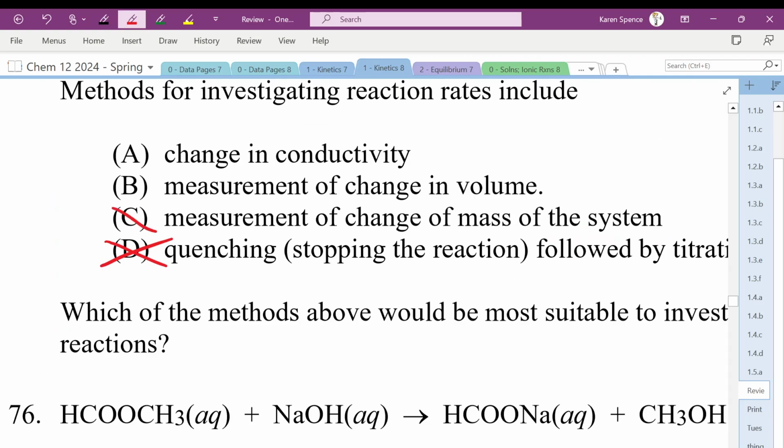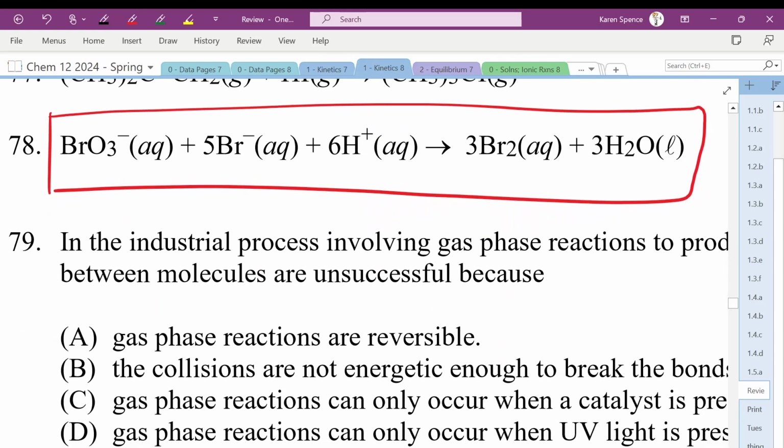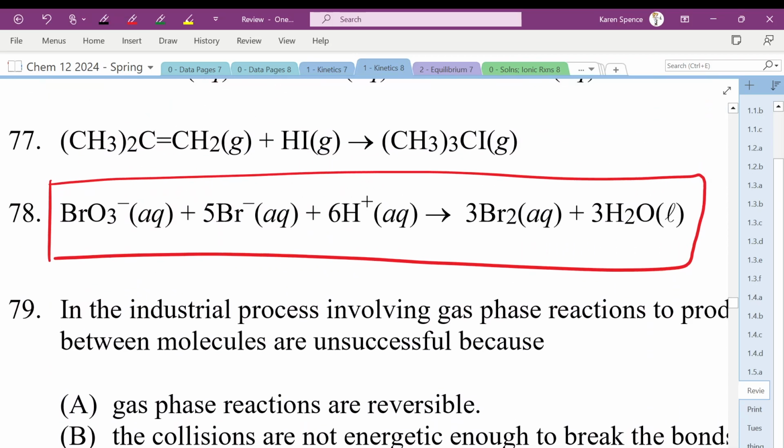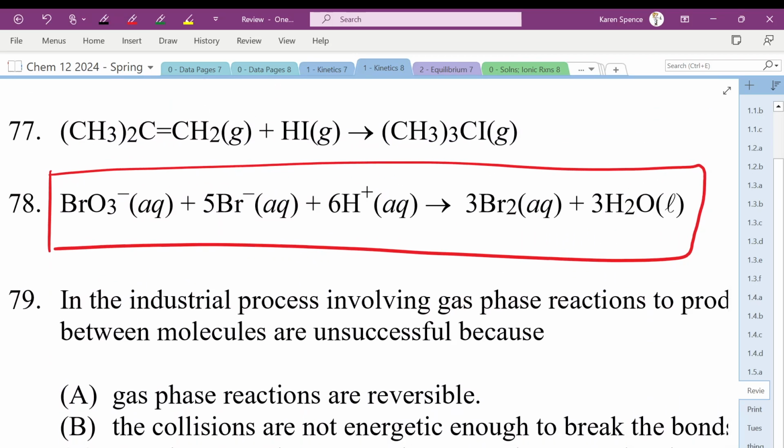It's not this one. A change in volume. Do we like a change in volume? What do you need to have a change in volume? You need to have a gas, a change in the number of gas molecules. No gas, that one doesn't work.